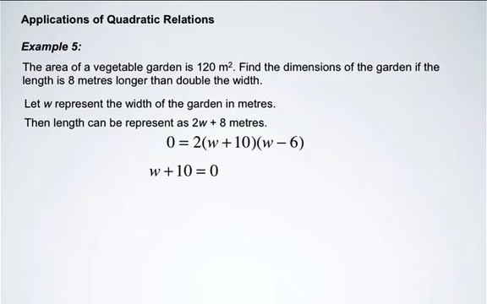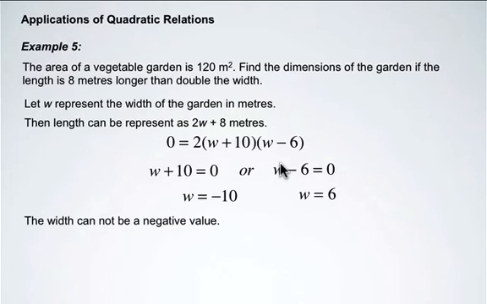So W plus 10 is equal to 0, or W minus 6 is equal to 0. So for this first one, W will equal minus 10. For the second one, W equals 6.